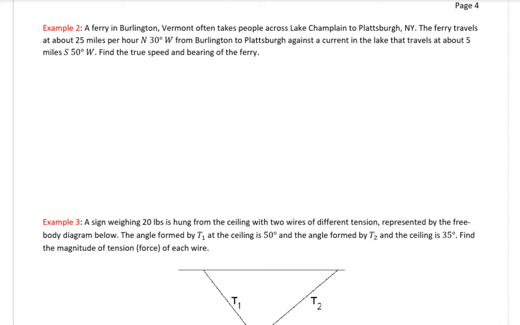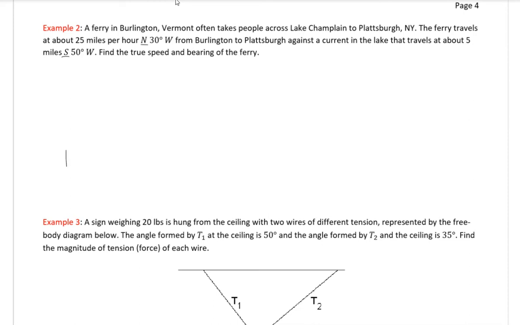Okay, now first, what each of these mean. Bearing is an angle measure that relates to your first direction. So north and south is usually how we indicate bearing. And then it'll give you an angle measure that comes off of that direction in the direction of either east or west.